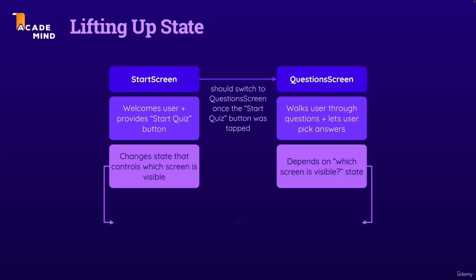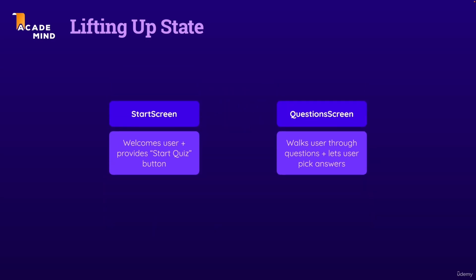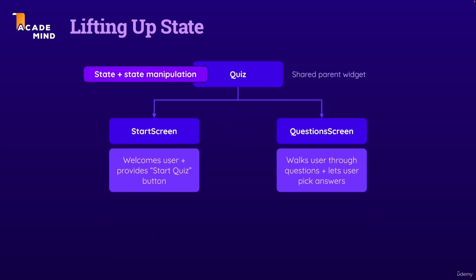So we have kind of two widgets that need to work with the same state or that depend on the same state. And the solution here is to lift the state up, which is why we already created that quiz widget. If we manage our state in that quiz widget, and we then also have the function for manipulating the state in there, we can conveniently move between these two different widgets by rendering content conditionally.